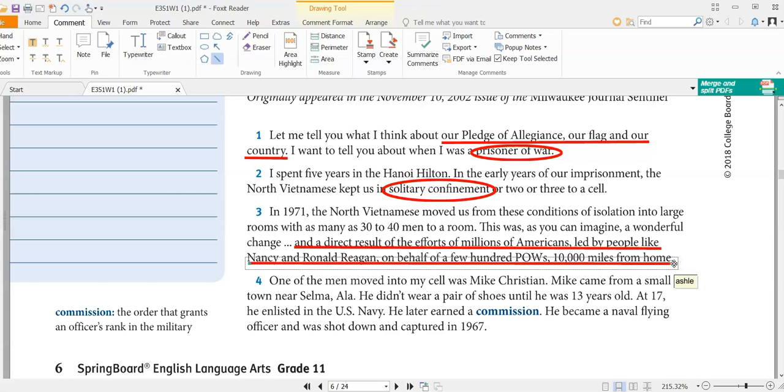So I think this kind of shows patriotism because even though it's only a few hundred POWs, the people in America, the millions and millions of people, were supporting the POWs. So it demonstrates how, as Americans, our patriotism causes us to want to support people who belong to the same group as us, even though they're so far away. It's kind of like when you have your family's back for something or have your friends back.